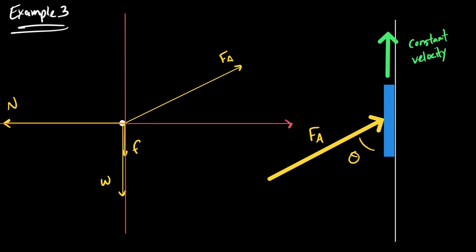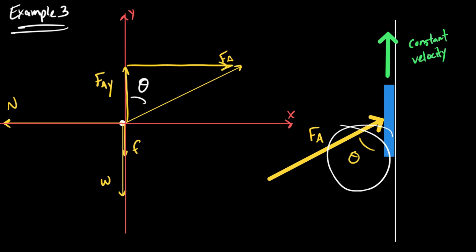So this would be the X direction, this would be the Y direction. Now, this angle is this angle, because I know geometry. Those are vertical angles. You need to find that kind of stuff out. But that also means that there's going to be FA in the Y direction and FA in the X direction.